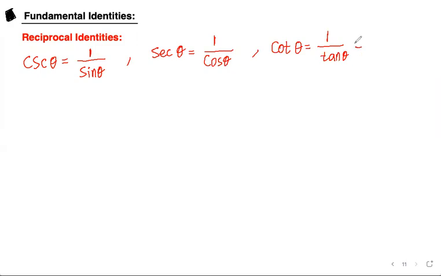Also, 1 over tan is the same as cosine of theta over sine of theta, and the last one is tan of theta is sine of theta over cosine of theta. This is called the reciprocal identity.